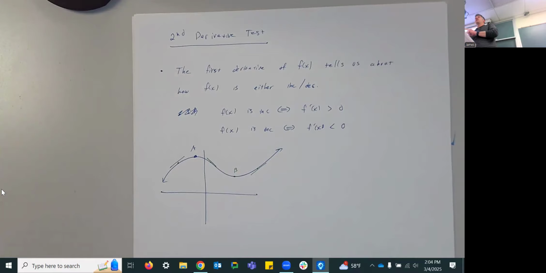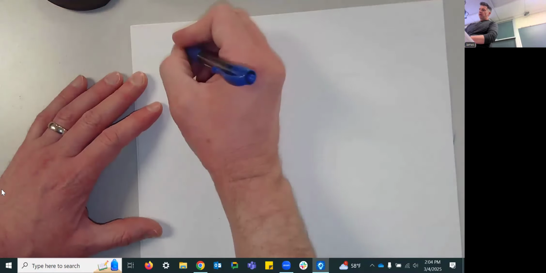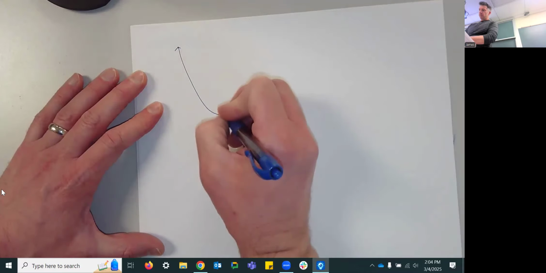So then the question becomes, what does the second derivative tell us about the function? Well, let's look at an example, or a picture really. Let's say our function looked like this. Yes, I'm thinking of x squared, but I'm not writing it down.